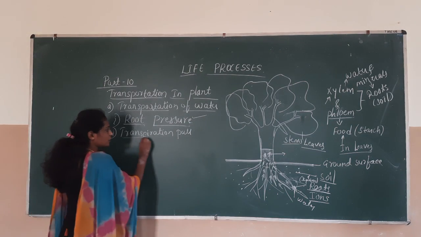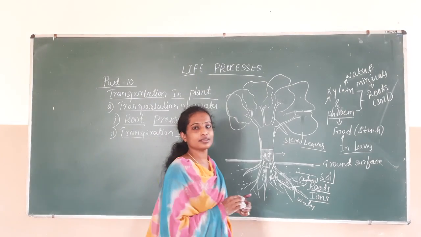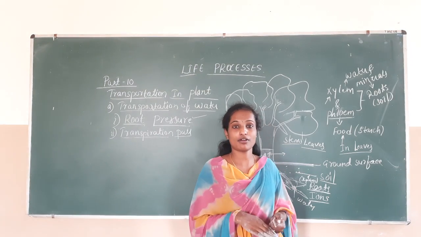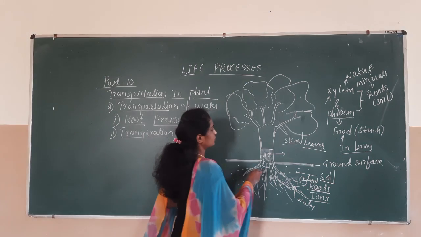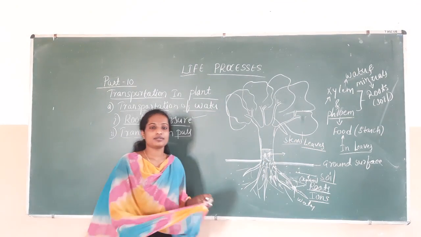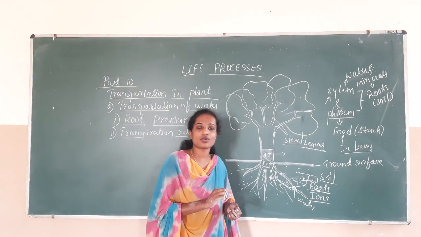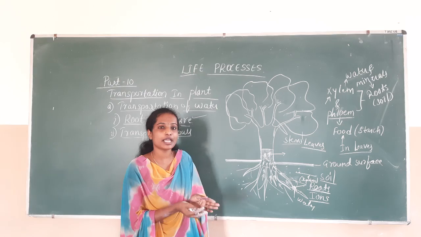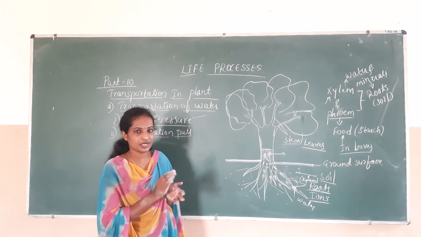Transpiration, as you know, is the process of loss of water in the form of water vapor through the leaves. As you know, the leaf surface is composed of tiny structures called stomata. Stomata help in the exchange of gases as well as transpiration.